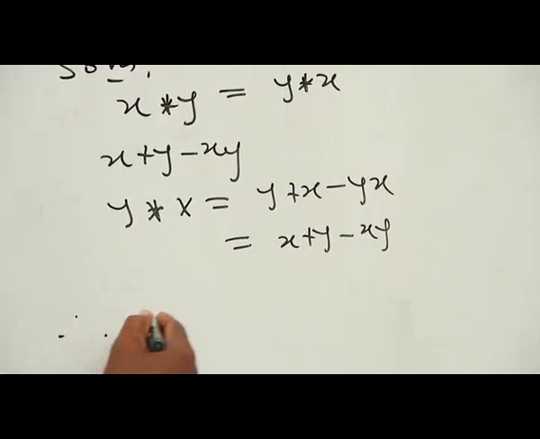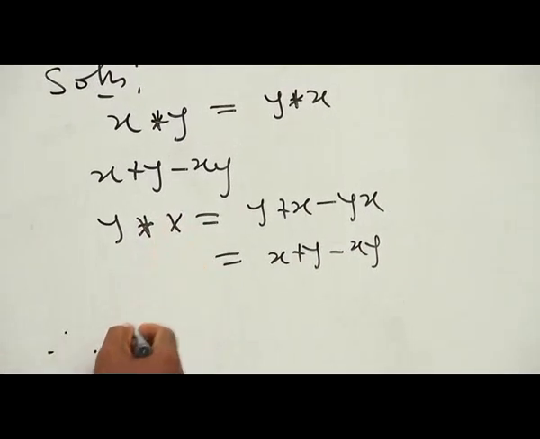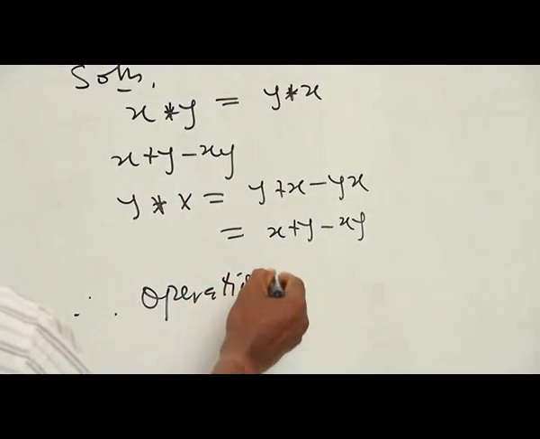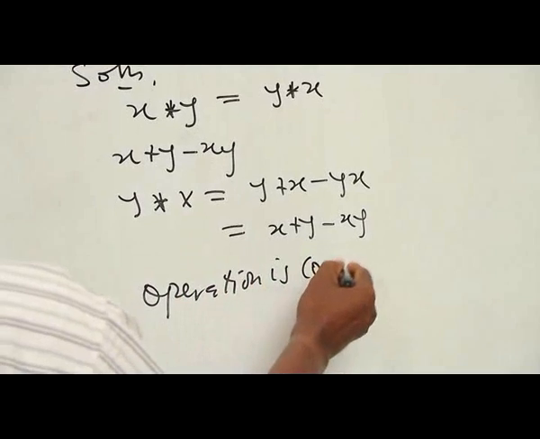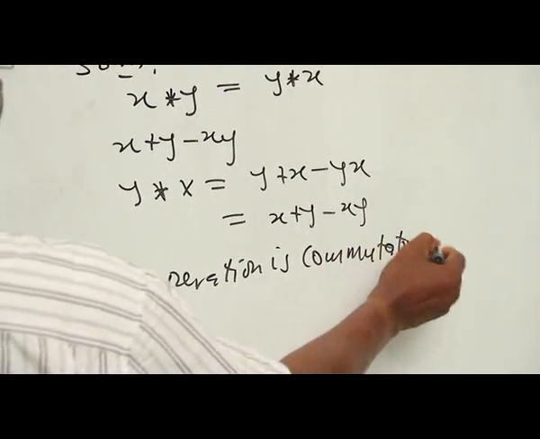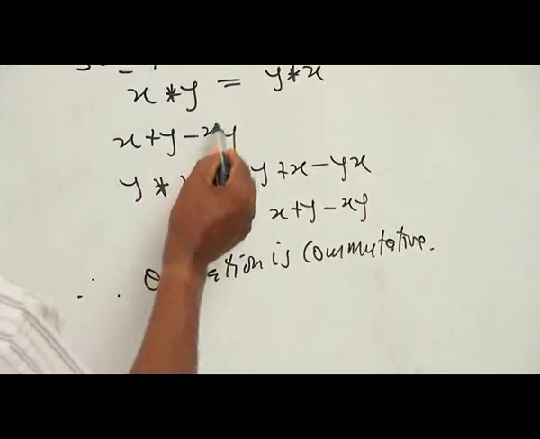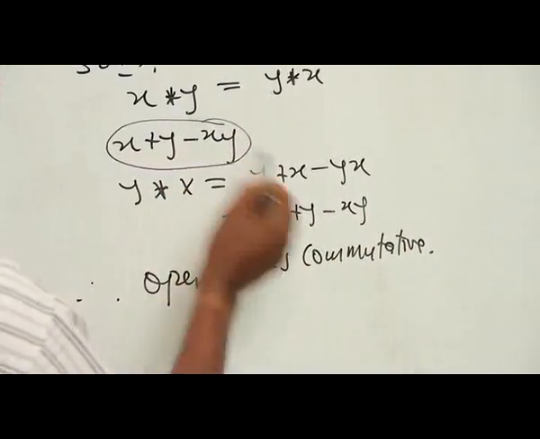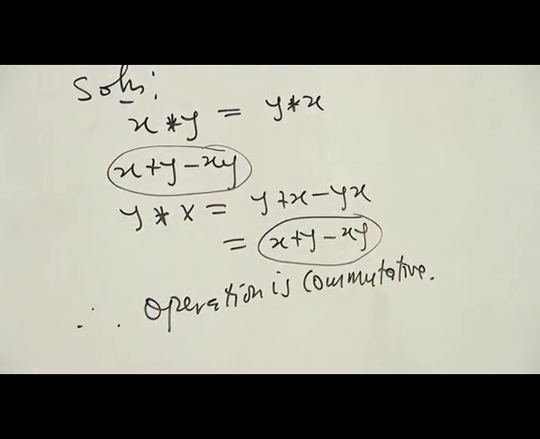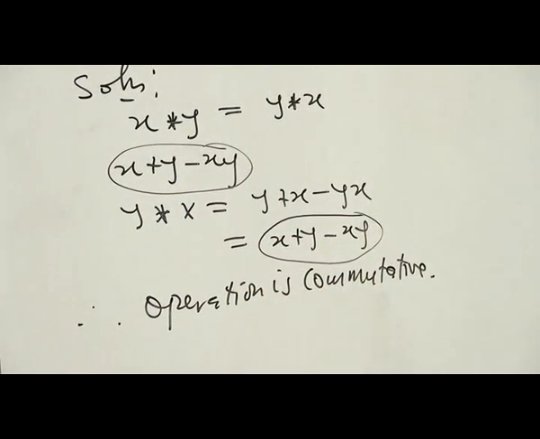Therefore, the operation star is commutative. You can see now that this expression and this one are equal. That is why we say the operation is commutative.